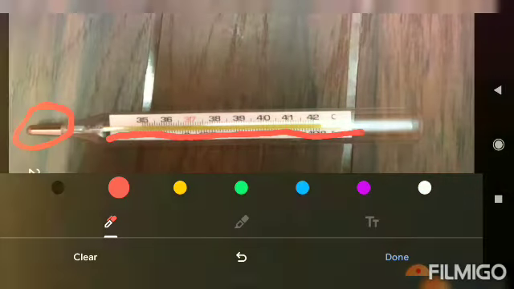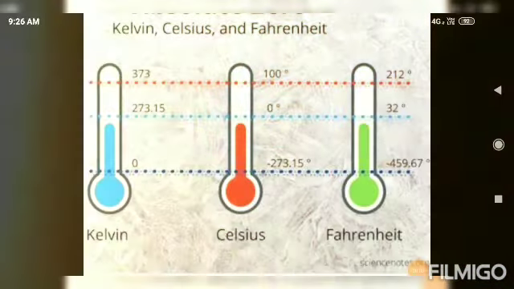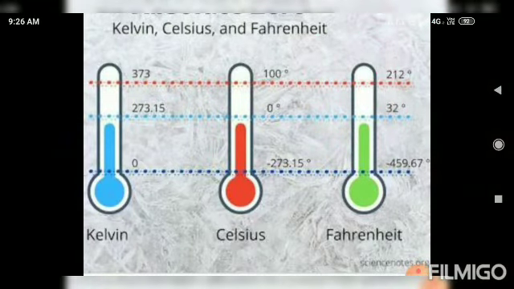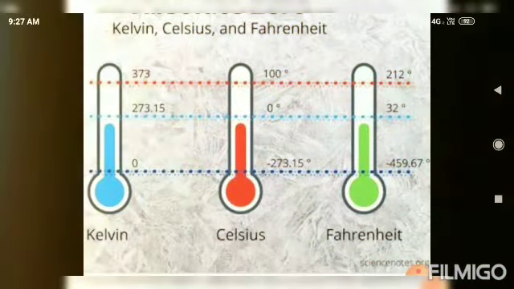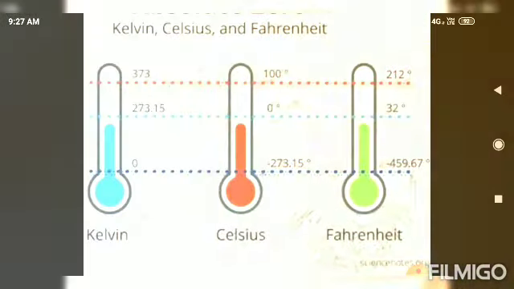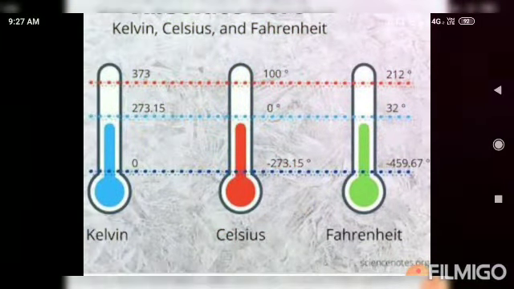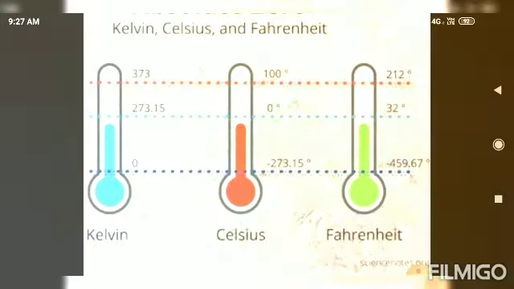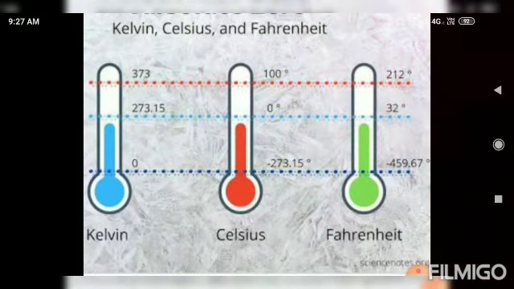Now let's go to the scales on a thermometer. Friends, there are three scales on a thermometer. They are Kelvin scale, Celsius scale or centigrade scale, and Fahrenheit scale. The three scales are given on the screen and each scale has a lower fixed point and an upper fixed point. The lower fixed point in Kelvin scale is 273.15 Kelvin and the upper fixed point is 373 Kelvin.